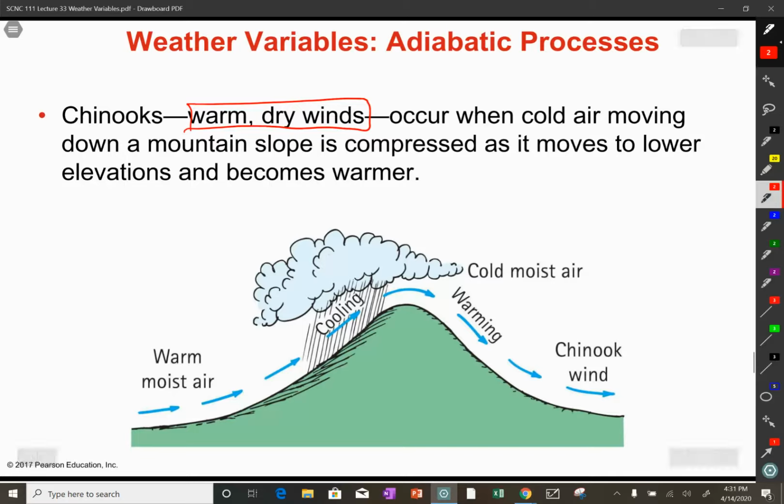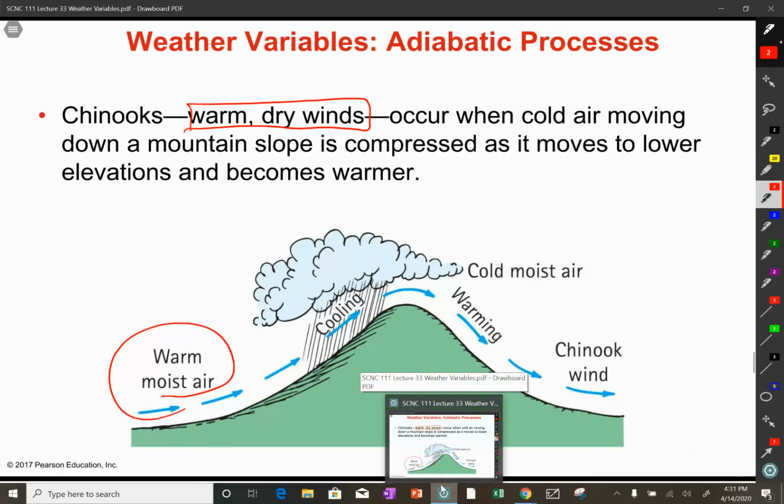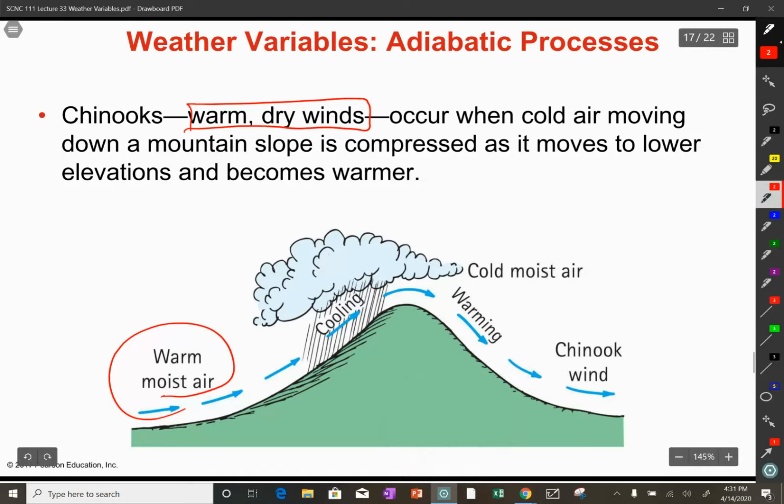And the Chinook winds are caused by having air forced over a mountain. We'll learn later about the word orographic. This is the orographic process. So you have warm, moist air that's being forced to go up a hill. So you have to have a hill, and by hill we mean mountain. The picture looks like a hill, so I said hill. But you have warm air that's forced up a mountain.